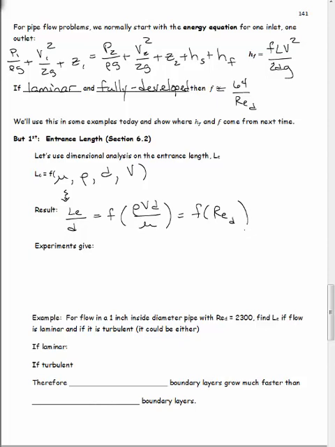Okay, and so then if we do experiments, we get entrance length over D is about equal to 0.06 times Reynolds number. And I say about because this is from experiments. If it's laminar, we'll get something different if it's turbulent: LE over D is approximately equal to 4.4 times Reynolds number to the 1/6 power.